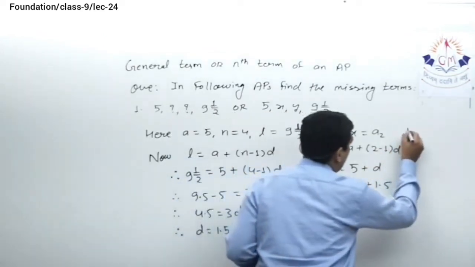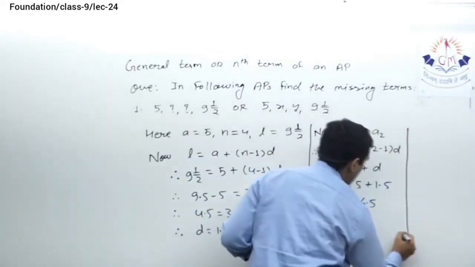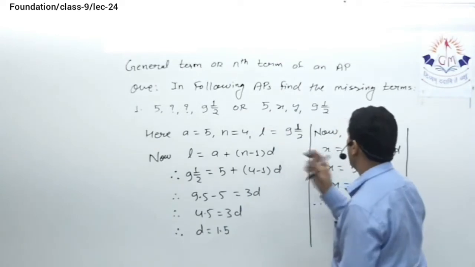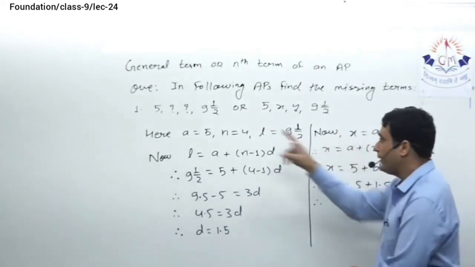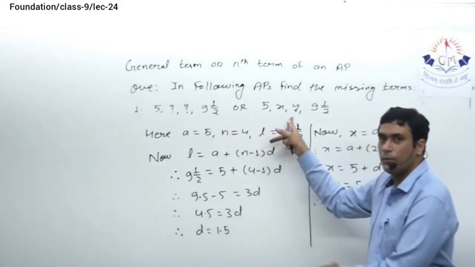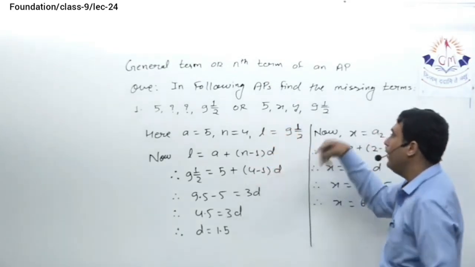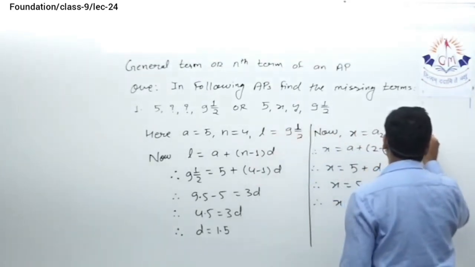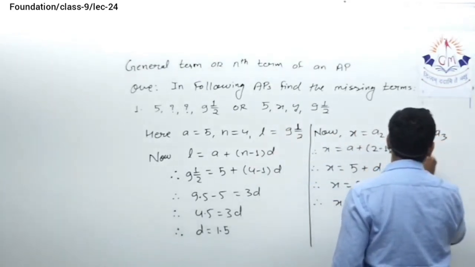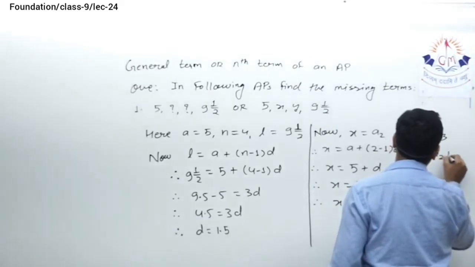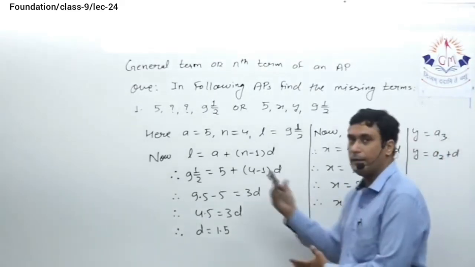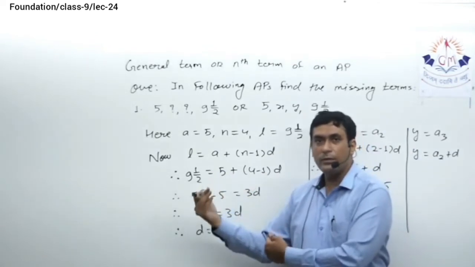After finding the second term, I can get the third. There are two ways. Either I apply the formula to get the value of y, that is the third term, a plus 3 minus 1 into d, or simply I can say y is equal to a3, therefore y is equal to a2 plus d, isn't it? Any term is the previous term plus the common difference.